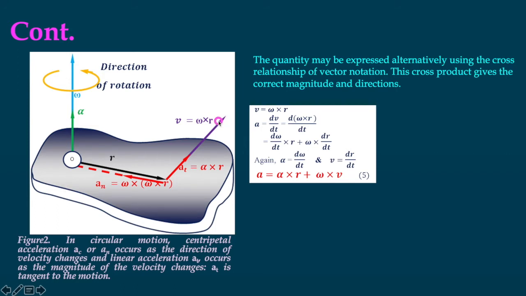Now, if there is any angular acceleration alpha and at any particular instant the angular velocity is omega, then from our previous equations we know that v equals omega r.